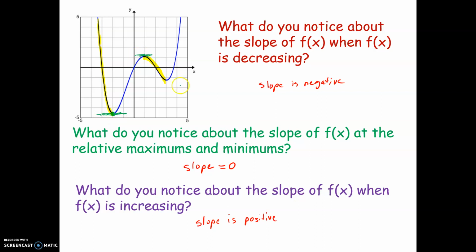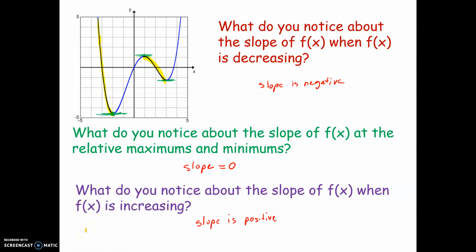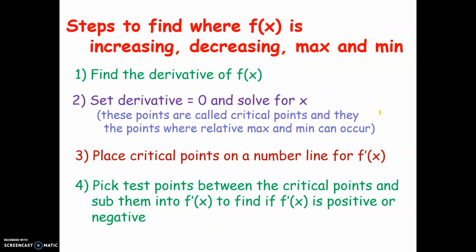Over here, slope of 0. Here, a slope of 0. And then, what do you notice about the slope of f of x when f of x is increasing? Let me get a different color again. When it's increasing, from algebra 1 we know that means it has a positive slope. Here we have a positive slope. This is pretty easy so far.